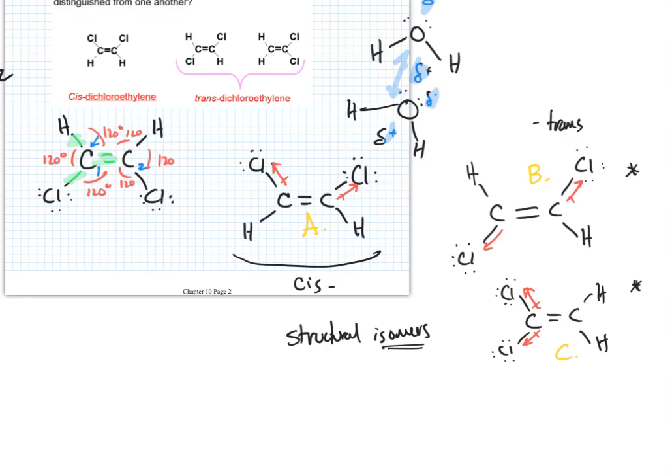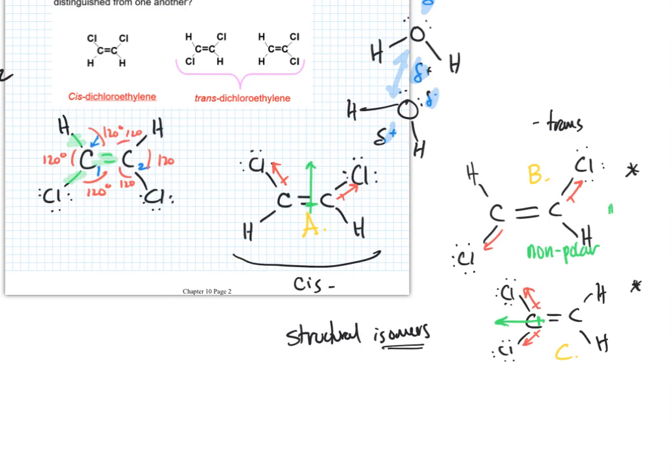What would be true of A and C, but not B? A is going to have a dipole moment that goes between the two chlorines. C is going to have a dipole moment that points between the two chlorines on one carbon, and B is actually nonpolar.